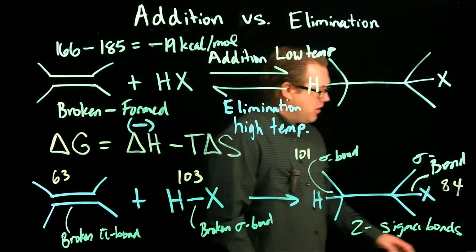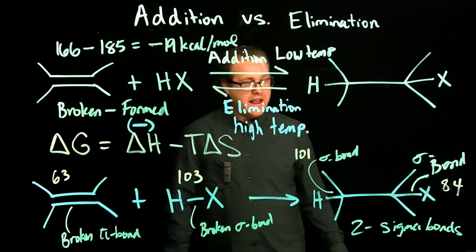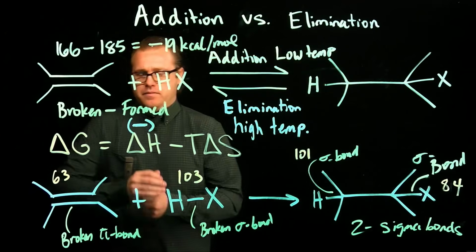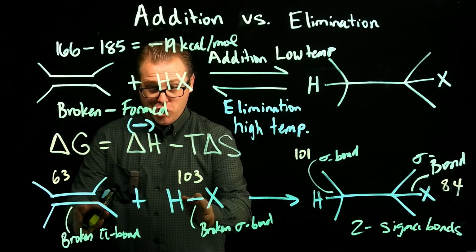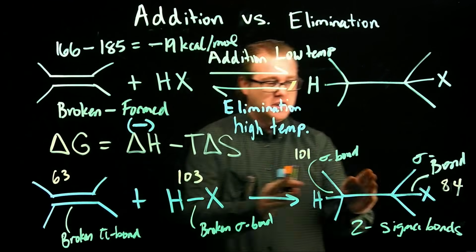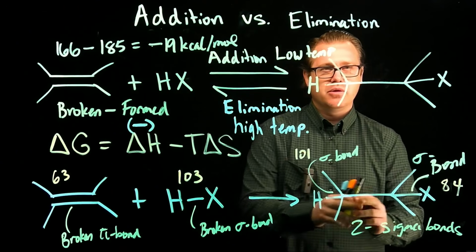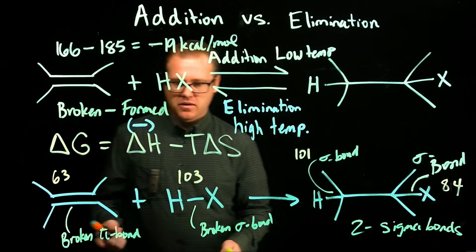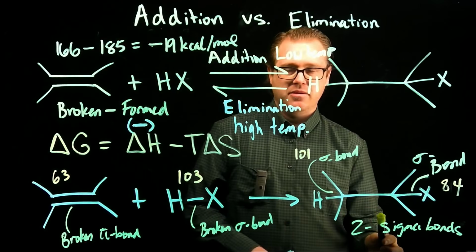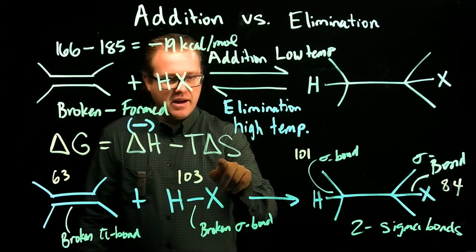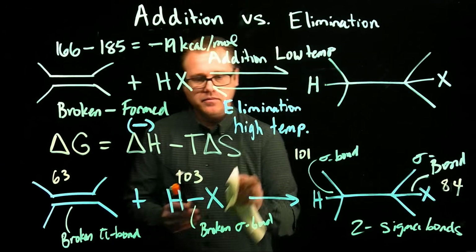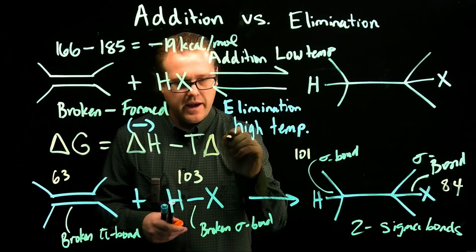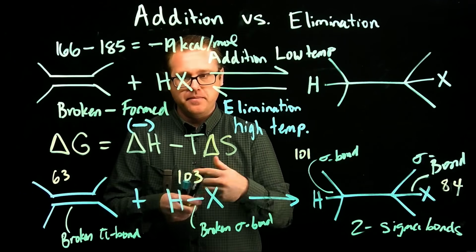But now let's look at it in terms of entropy. What do we have here? We are going from 2 molecules to 1 molecule. So is the entropy going to be positive or negative? More entropy to less entropy. Well, that means the delta S here is always going to be negative.